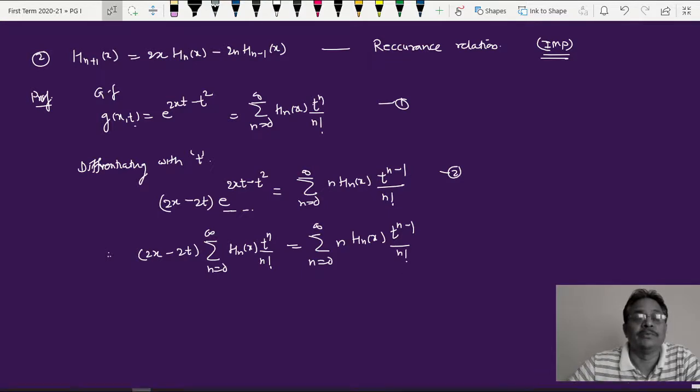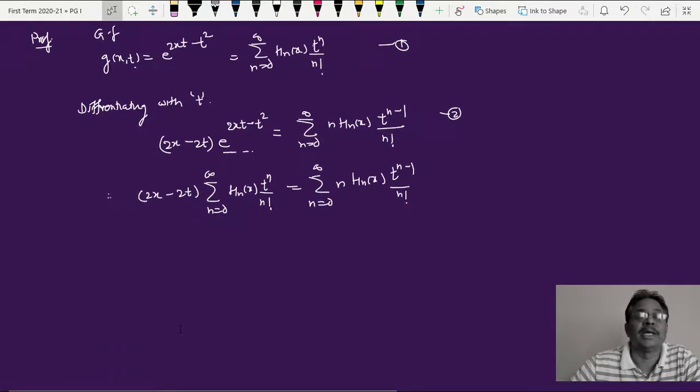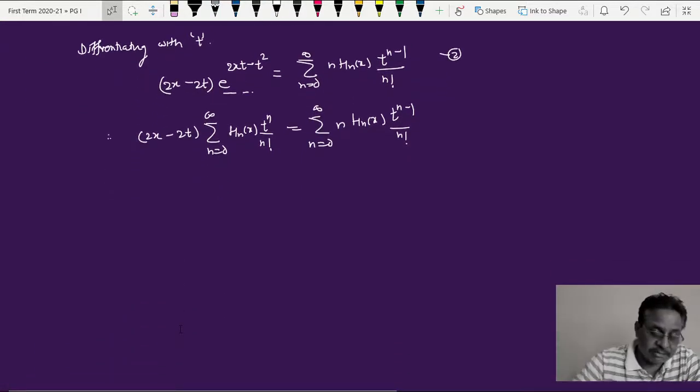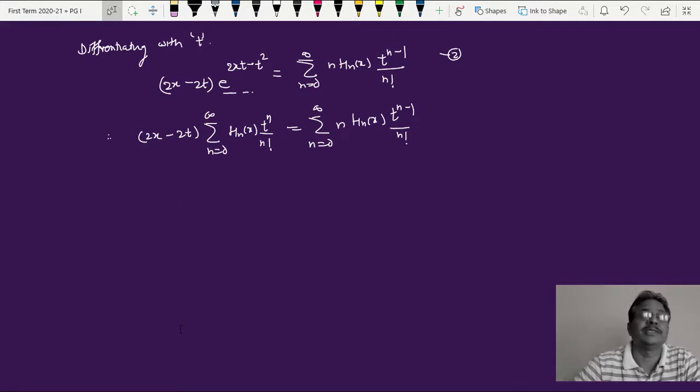I have done nothing, only the e raised to twice xt minus t square has been replaced by its expansion on the left hand side. Now simplify this. There are two terms on the left hand side now, 2 into x and this.